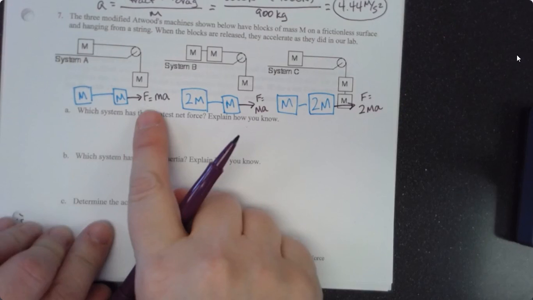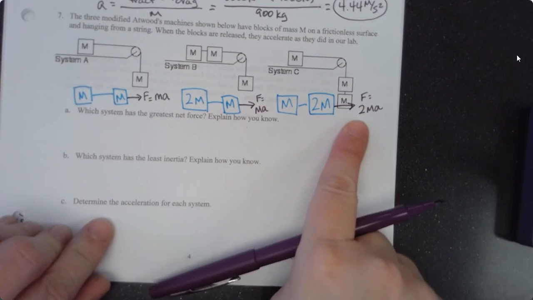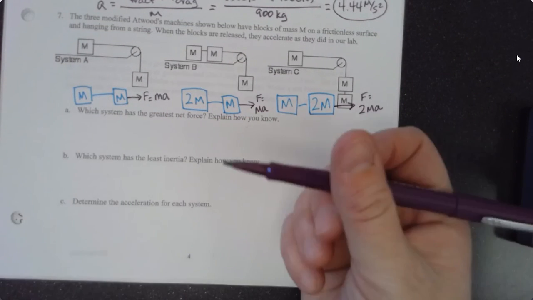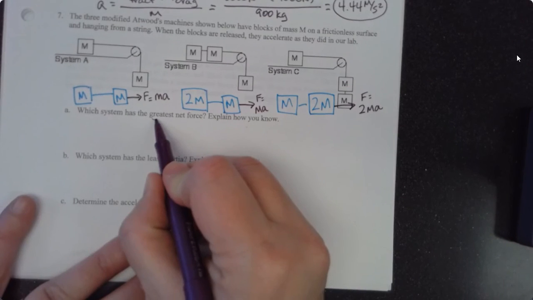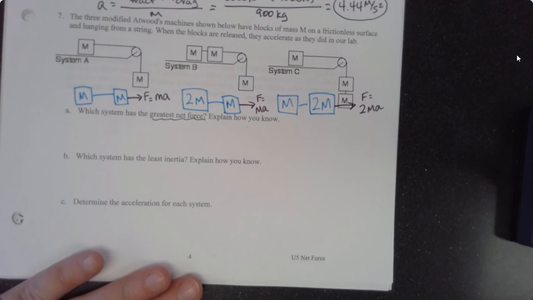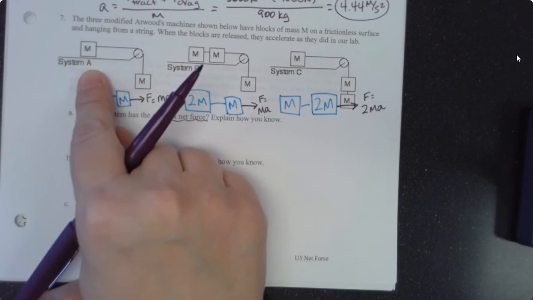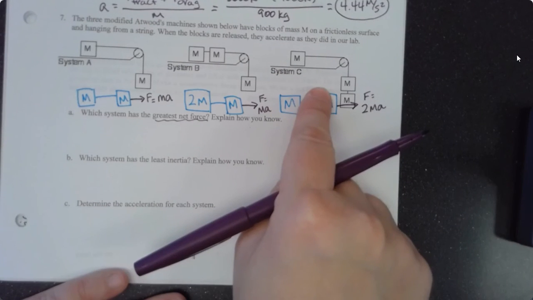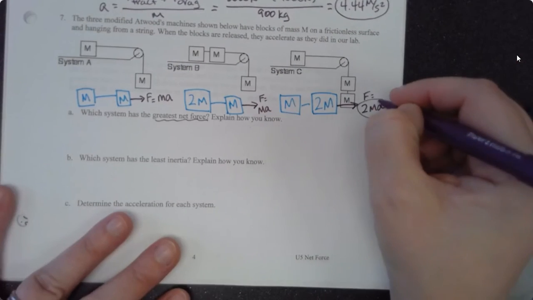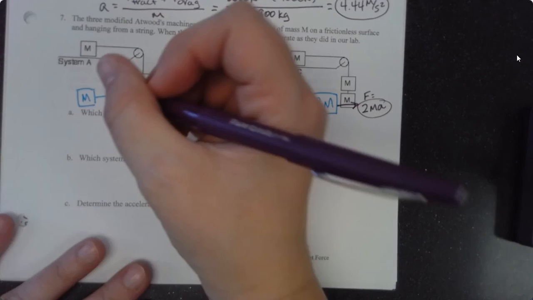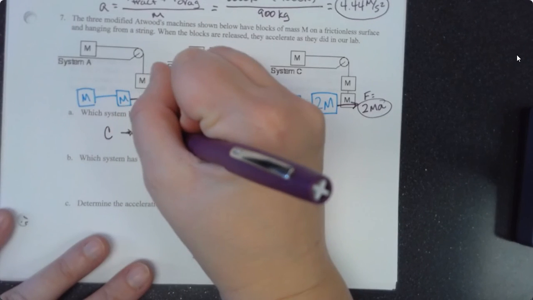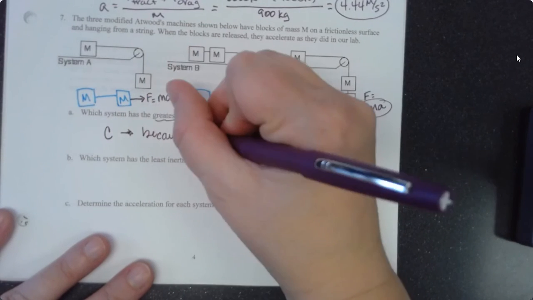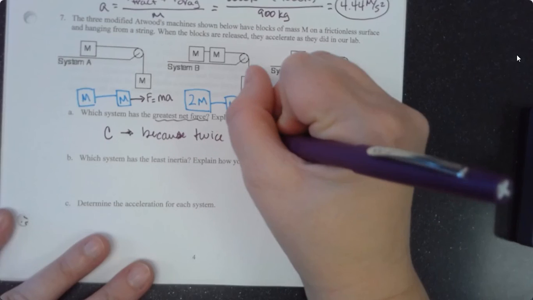If we're just looking at the force in that direction, with a frictionless surface and nothing going back the other way, which one has the biggest net force? A, B, or C? Yeah, it's going to be C because it's got twice as much mass hanging there. So the first one is C, because of twice the hanging mass.